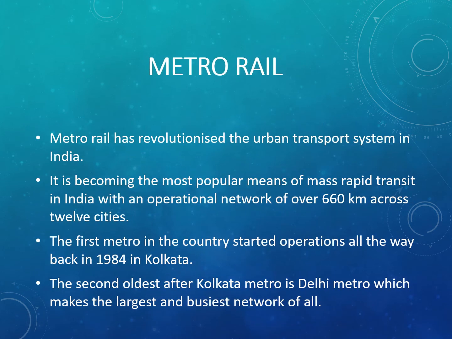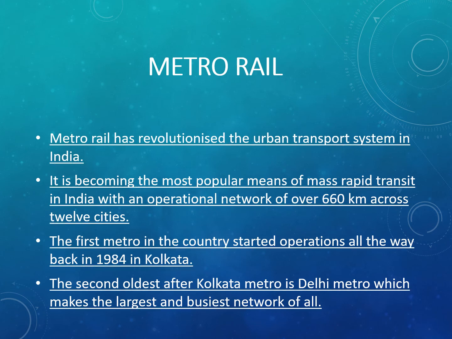Coming to Metro Rail. Metro Rail has revolutionized the urban transport system in India. It is becoming the most popular means of mass rapid transit in India with an operational network of over 660 km across 12 cities.